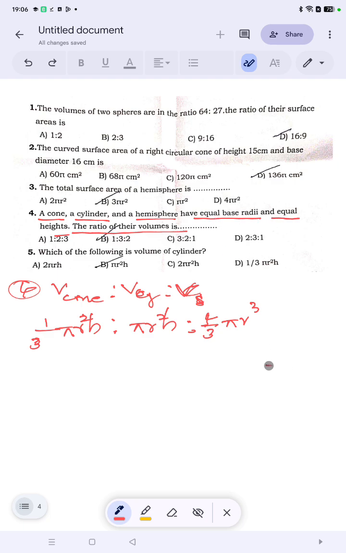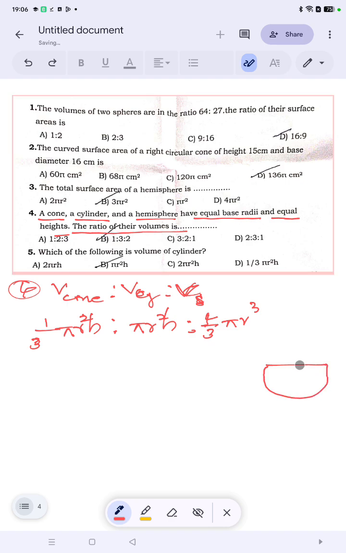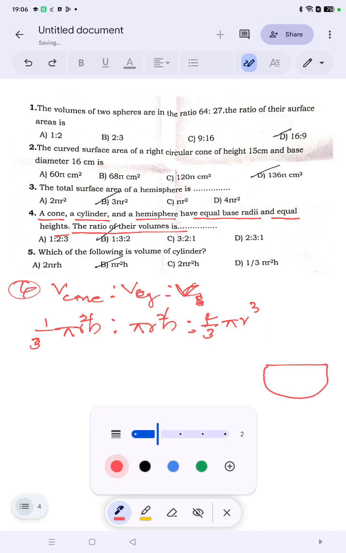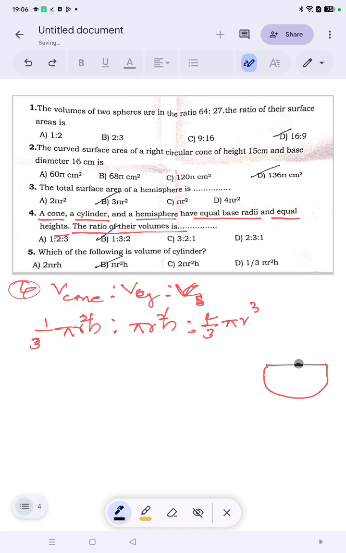For the hemisphere, if you observe, from the center point to the corner it is a radius, and from here to here it is also a radius.